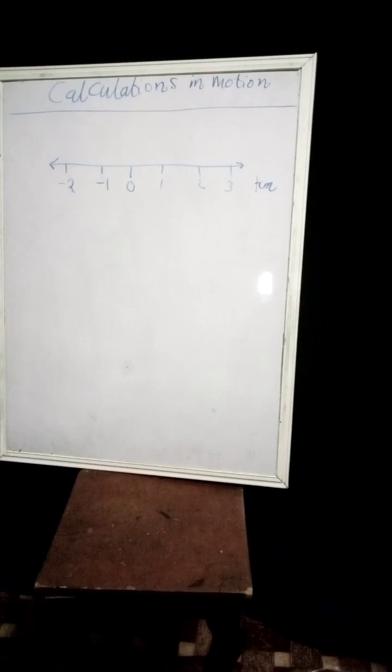But the displacement can be either negative or positive. Let's distinguish between the two using motion. Let's consider an object moving from point 0, from the origin, to about 3 kilometers.